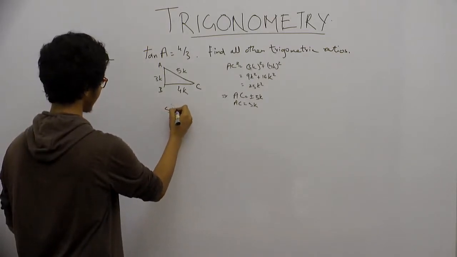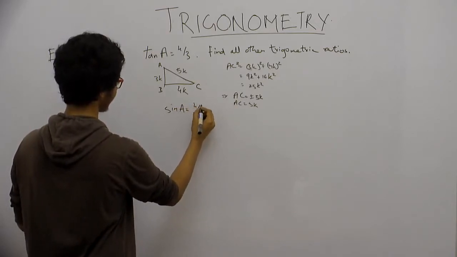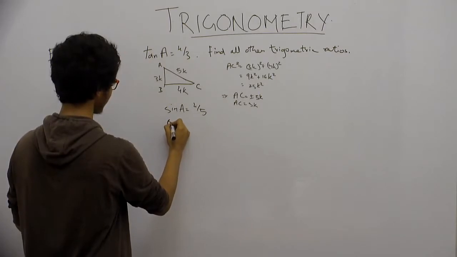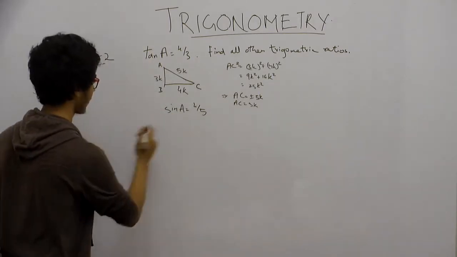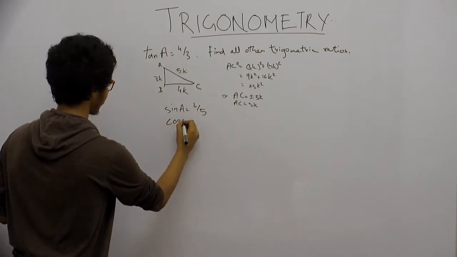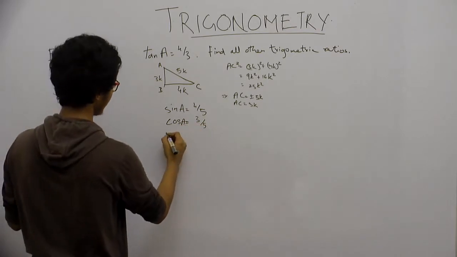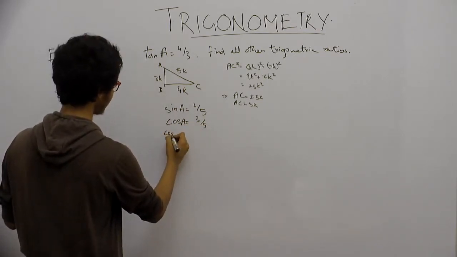Like sin A will be 4 by 5, cos A is going to be 3 by 5, and tan A we already know. Let's go to the inverse ratios.